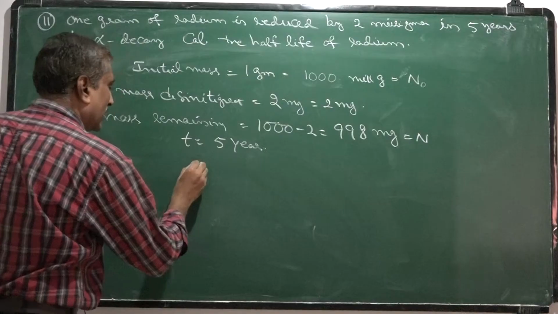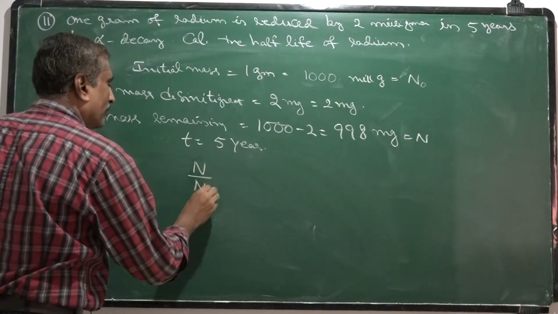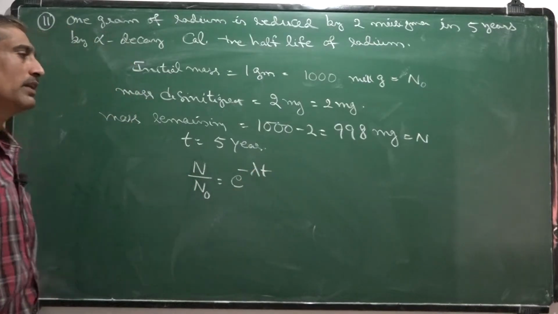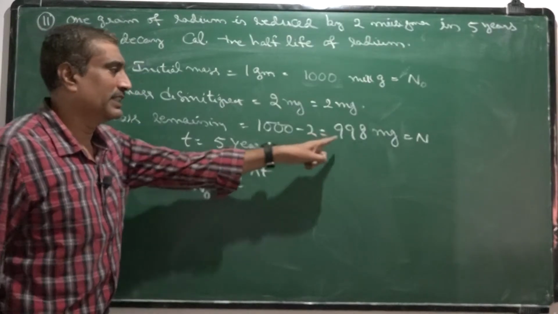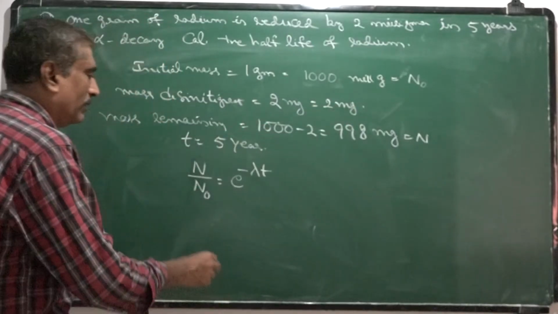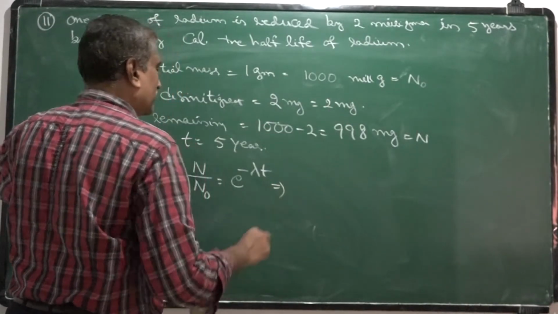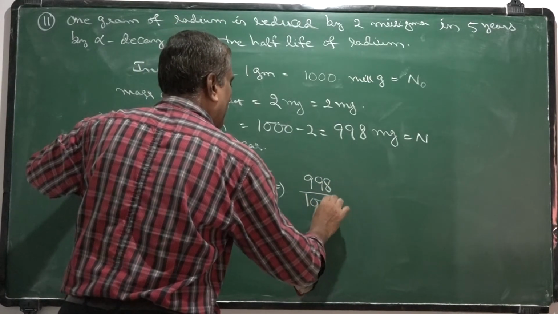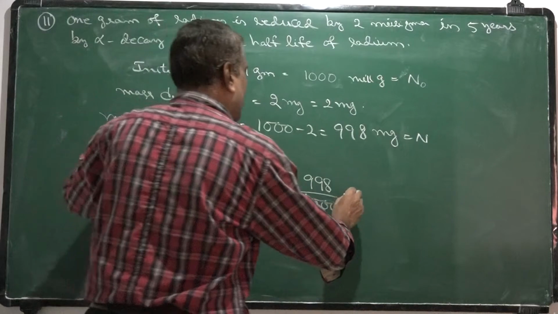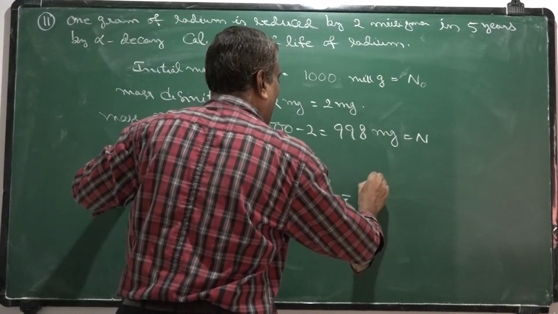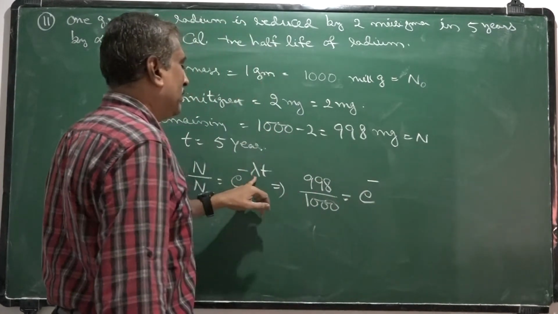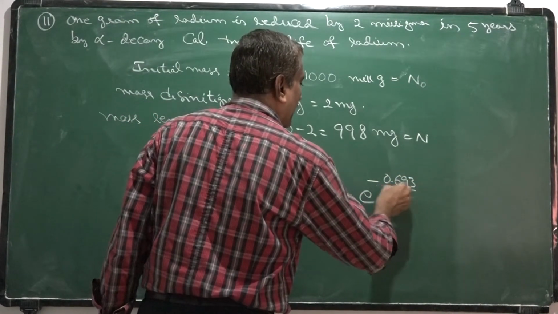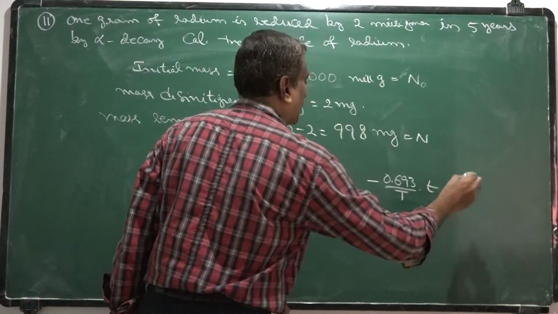So now we have this relation, N by N0 is equal to e power minus lambda t. Here we can't directly apply because it is 998 in 1000. This implies 998 by 1000 is equal to e power minus lambda t, where lambda can be written as 0.693 by half-life capital T, into small t.